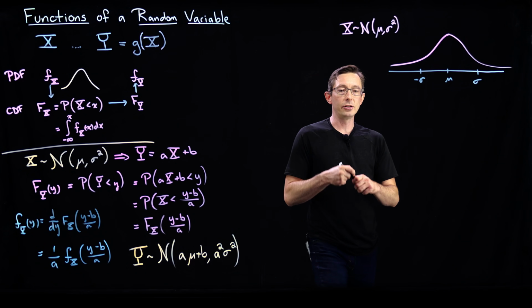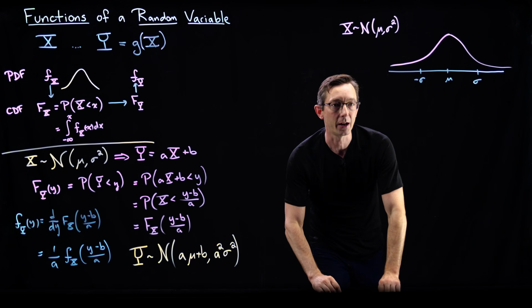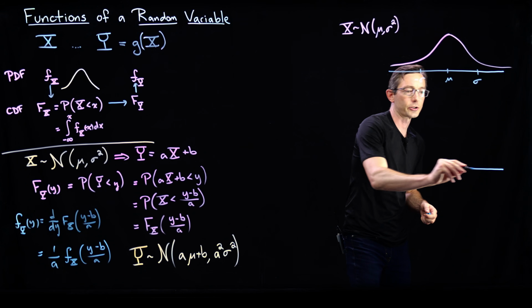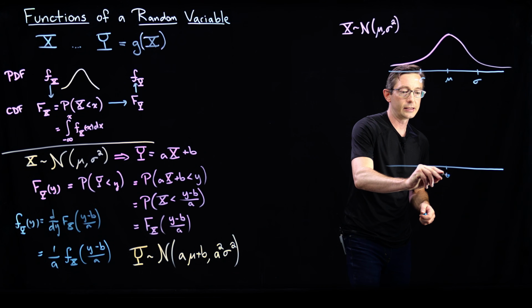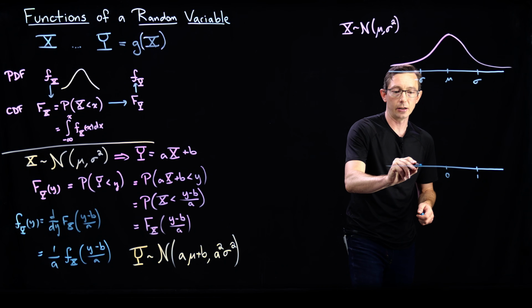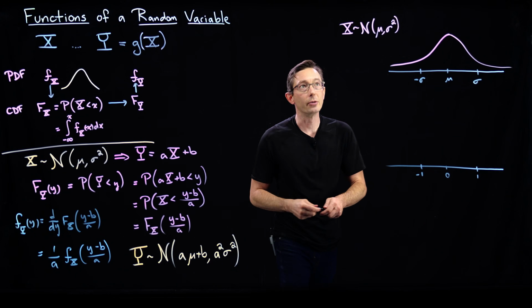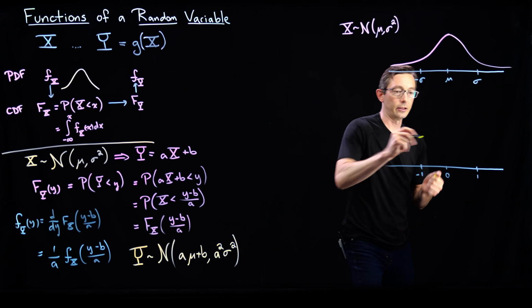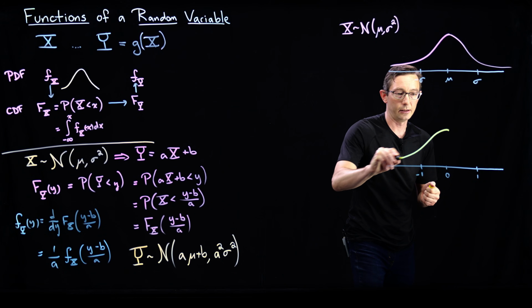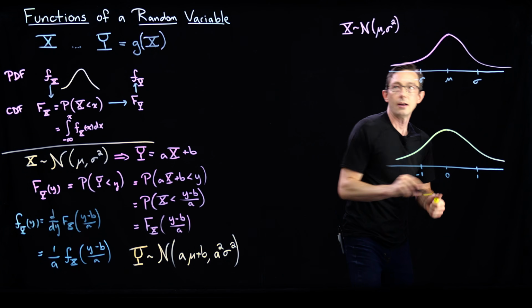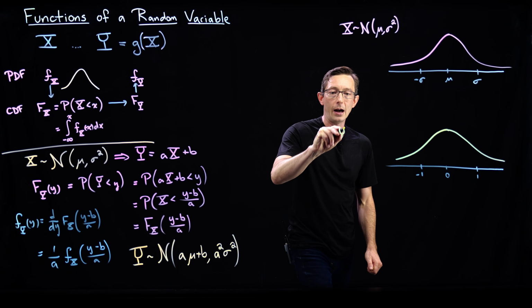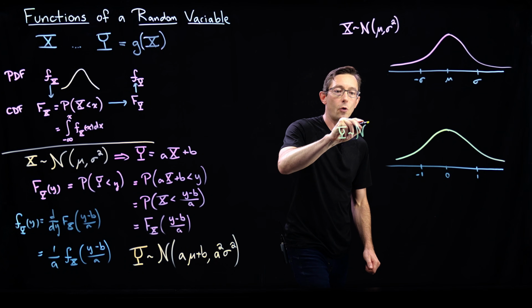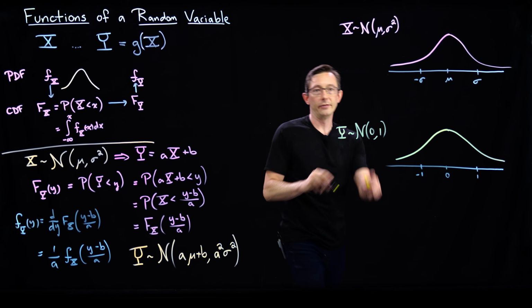So what you would do is you would map this into another Gaussian, I'll draw it here, another Gaussian that had mean 0 and standard deviation 1. So we would say this is, and maybe I'll make this kind of yellow so that you can see, where now this new variable y is normal with mean 0 and standard deviation 1.